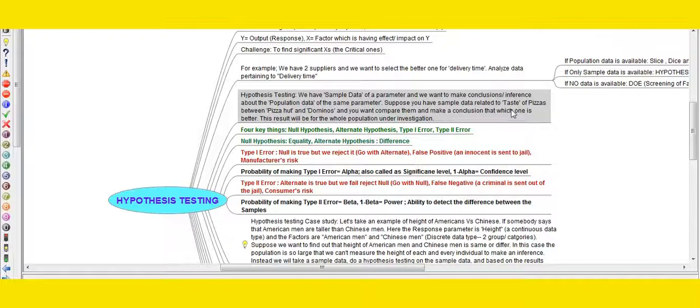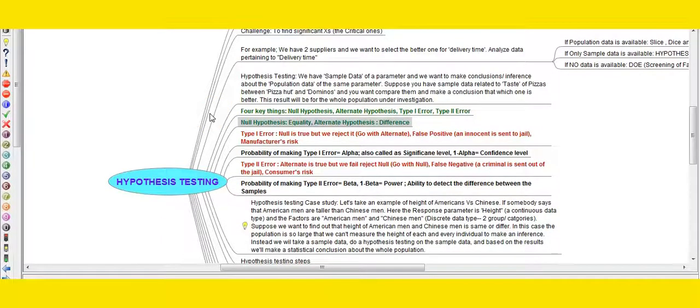But if that is not available, then we have to go with a sample method and we do hypothesis testing to understand which brand is better among the two brands or three brands or maybe more brands. So we use the tool called hypothesis testing for that.